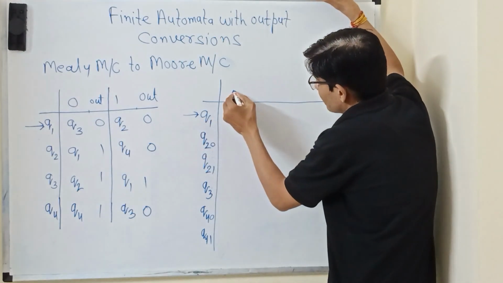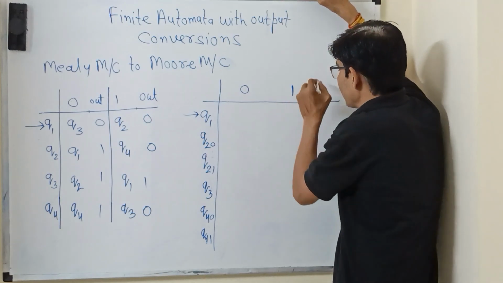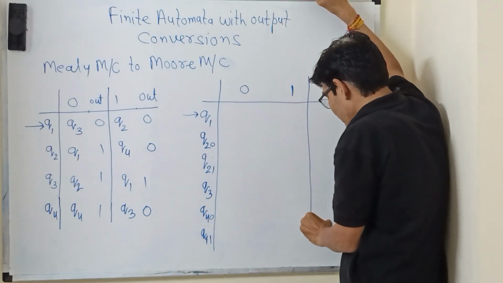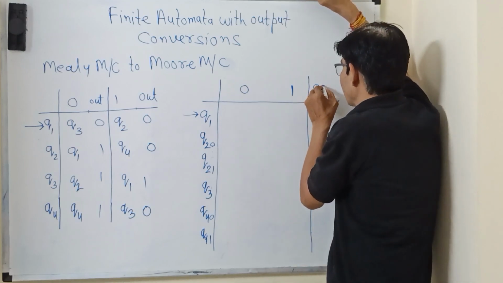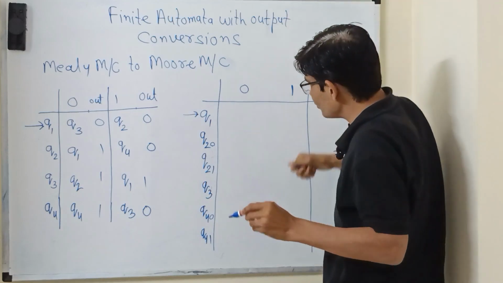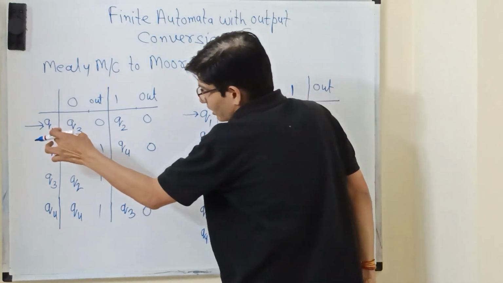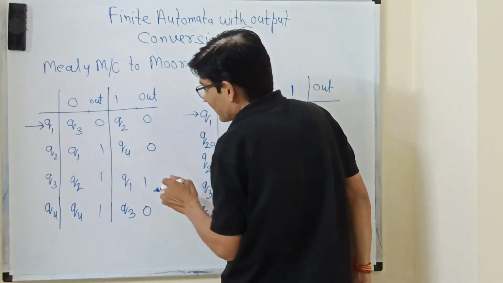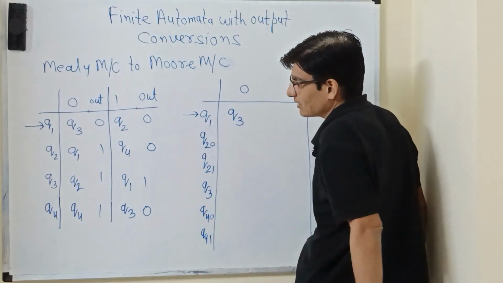Now you can see here, friends, we have 0 and 1 transitions for this, and with each state we will associate one output symbol, so I'm writing here out. Now on q0, if we are getting 0, we are having q3, so we will write q3 here.